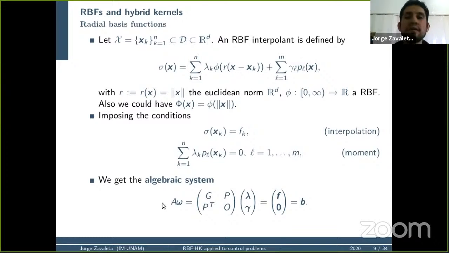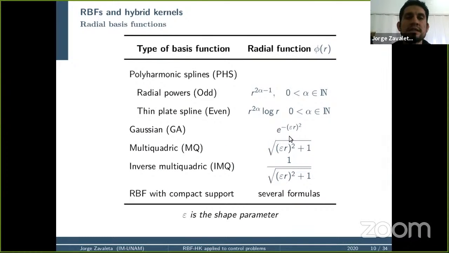This Gram matrix is non-singular for some choices of the function phi. These are examples of choices of these functions. We have different kinds of functions. For example, piecewise smooth functions, such as the polyharmonic splines, which are only a power of the Euclidean norm for odd or even powers. And we also have infinitely differentiable functions, for example, Gaussian, multiquadric and inverse multiquadric.